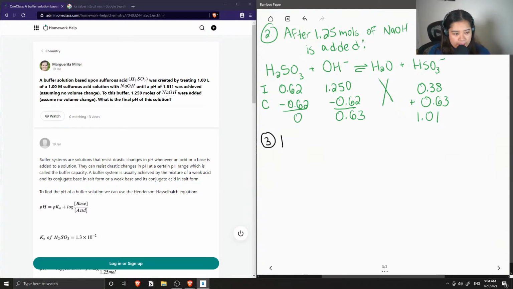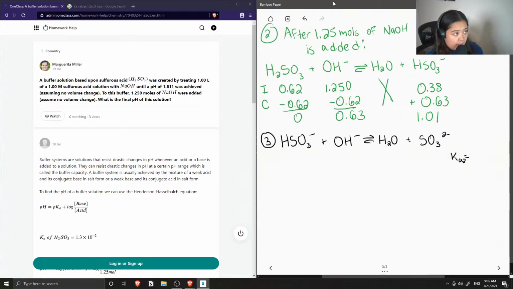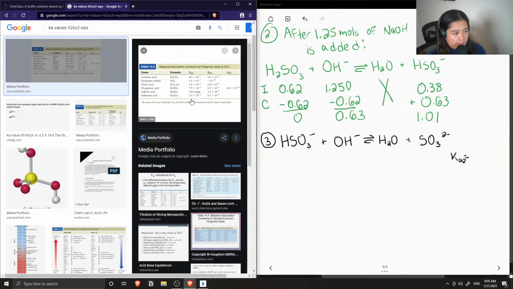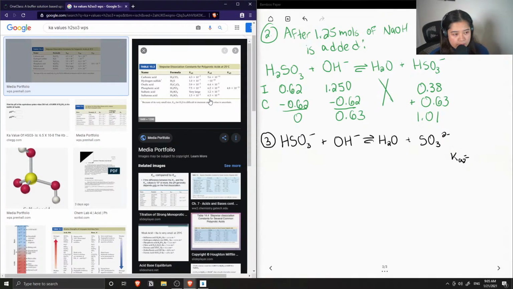So for this reaction, we have our conjugate base reacting with the leftover OH minus to form water plus SO3 2 minus. So this will have a different Ka value. So this is where the Ka2 comes in. So now let's look at our table again. Ka2 is equal to 6.3 times 10 to the negative 8.